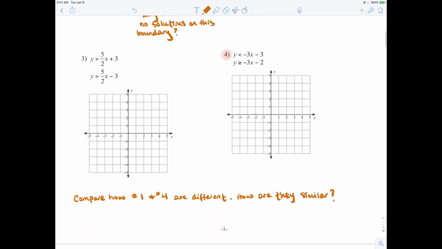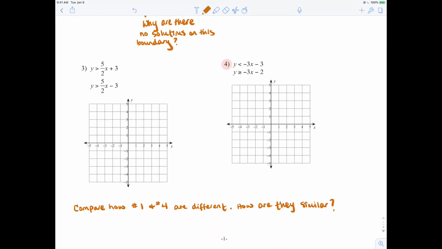So in number 4, we can see here that the slopes are the same, they're -3, and they have different y-intercepts. The first y-intercept is (0, -3) for this -3 right there, and then it's -3 for a slope, which is -3/1.